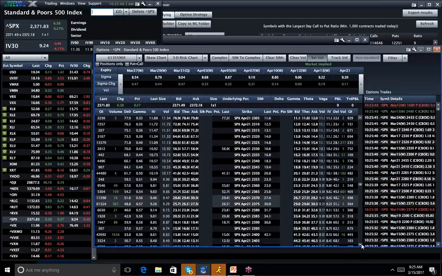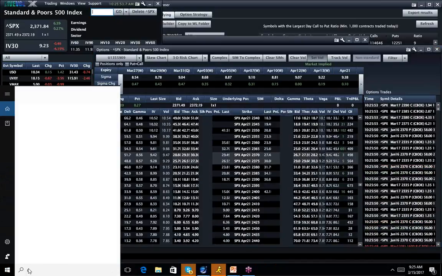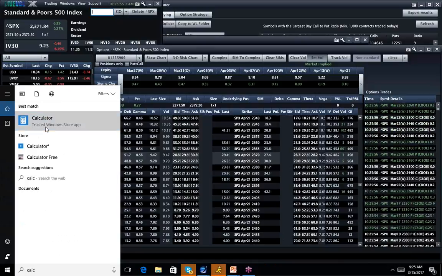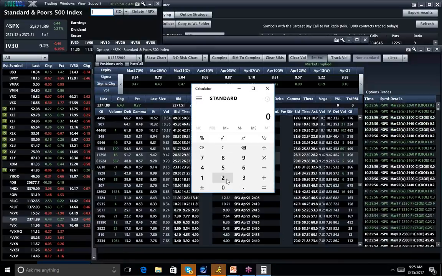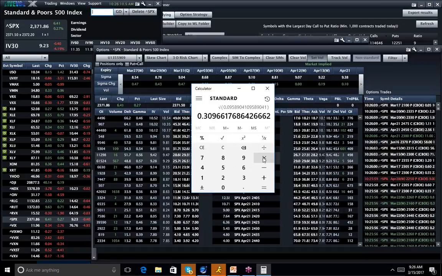So I would take my, this is 35 days. 35 divided by 365. Take the square root. Multiply that times at the money volatility, which is again 9.3.